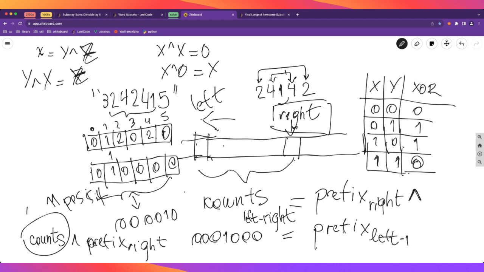But there could be more than one, right? There could be more than one prefix that has the parities that we're looking for.